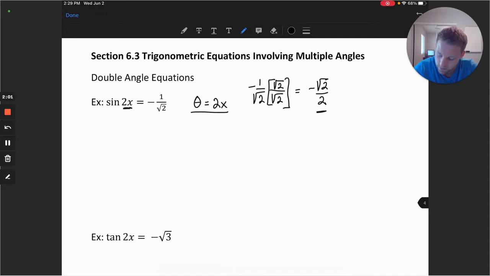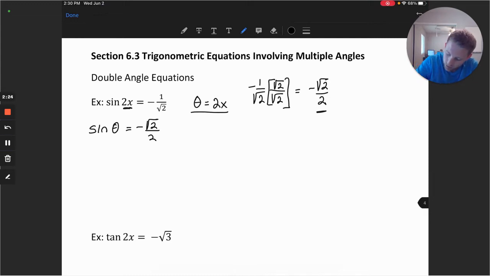So we can say that this is going to be sine of theta equal to negative square root of 2 over 2. Hopefully this looks a little bit more familiar to us, where the sine function is equal to negative square root of 2 over 2.